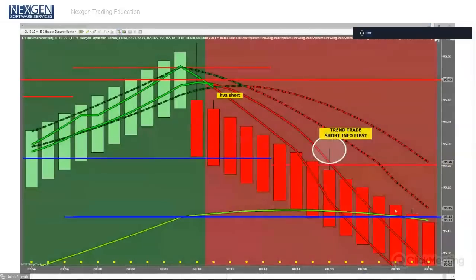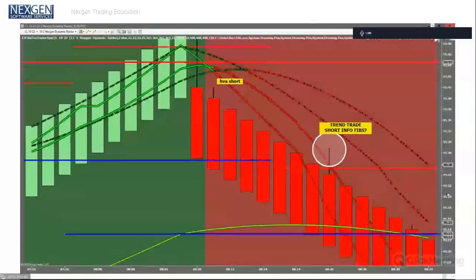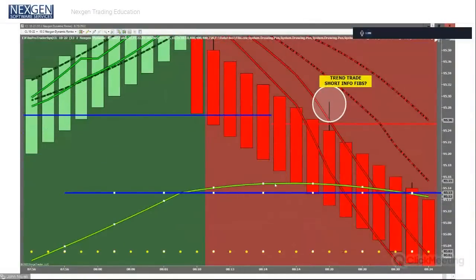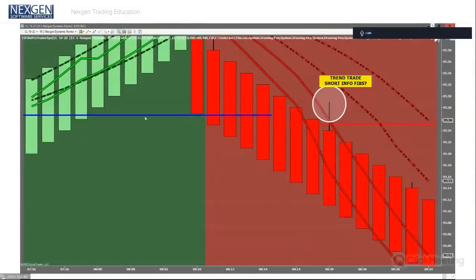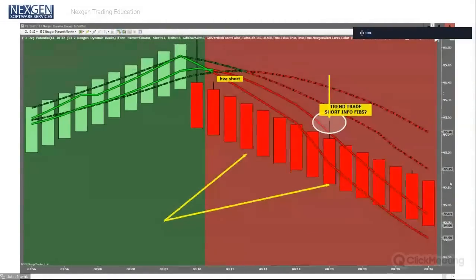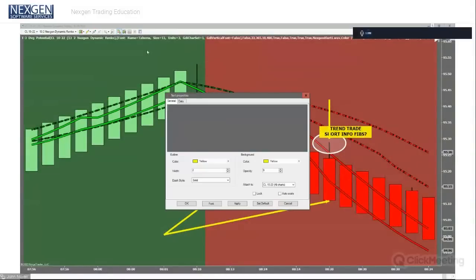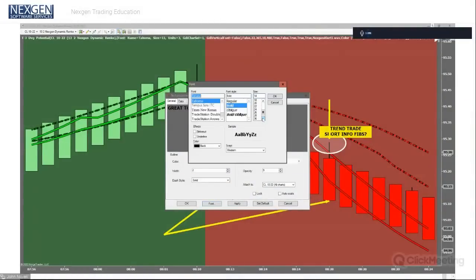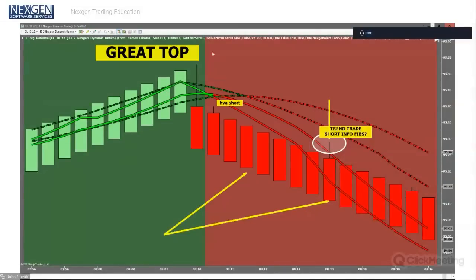So look at it this way: where are the bars, how strong are the bars, how strong are the triggers, and then how good was the top? So it's a three-phase approach to getting the most out of our software. It's not just one thing.